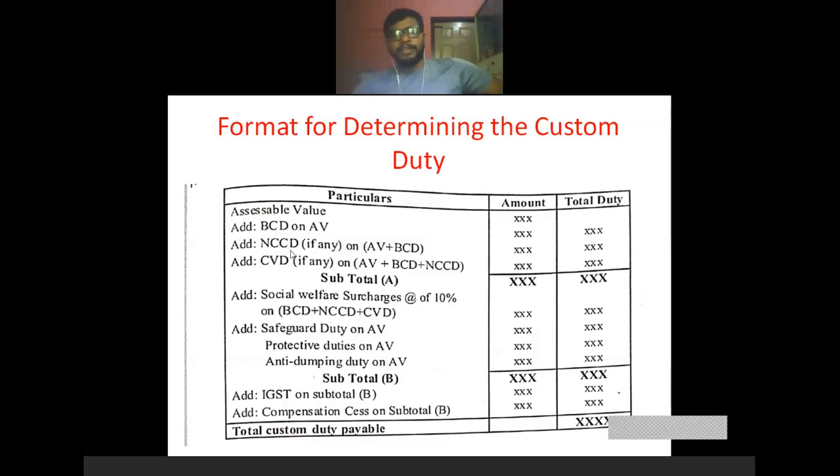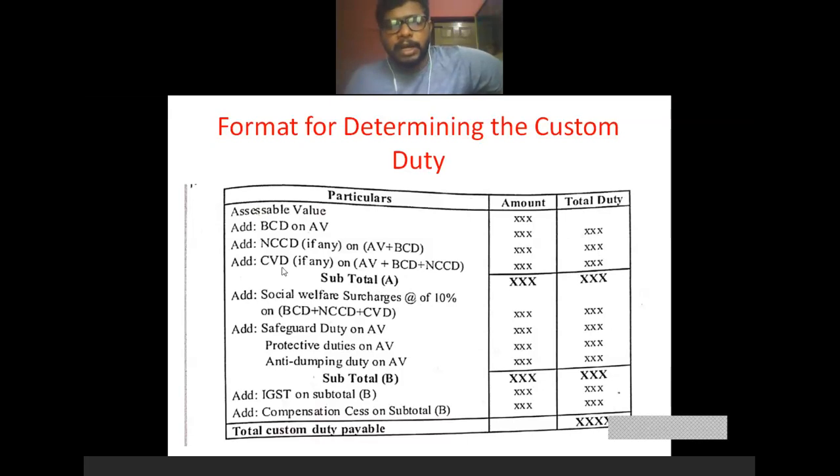Then NCCD, that is National Calamity Contingent Duty. If NCCD information is given in the problem, you have to calculate it on assessable value plus basic custom duty. That means you add assessable value and basic custom duty, then calculate NCCD, and write the same amount in the outer column also.